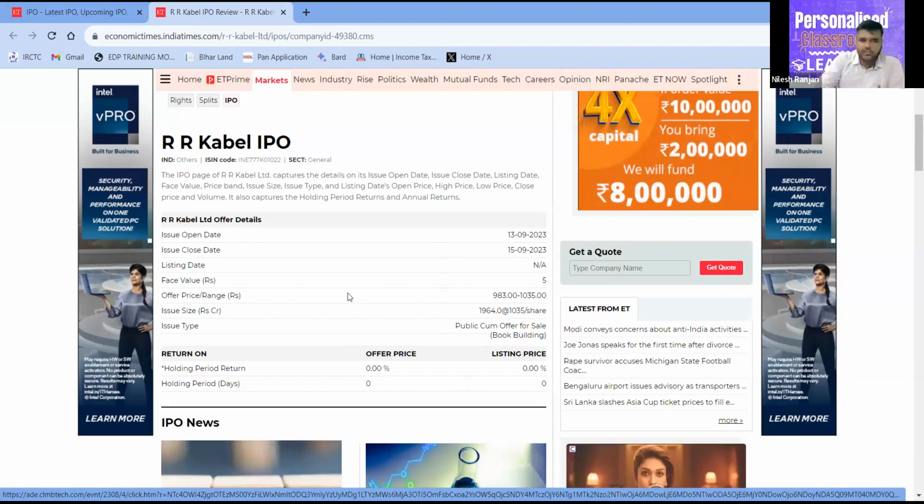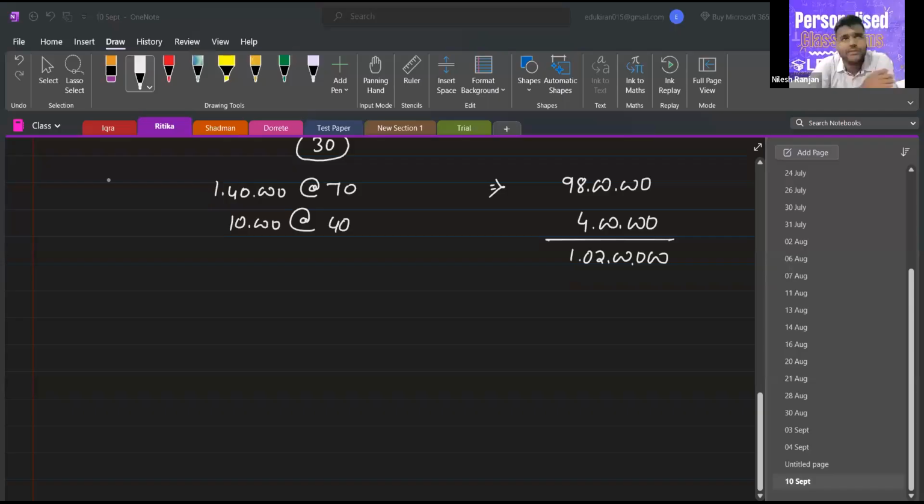For that you have to go in detail, but we are not going into that detail. Edukiran Pvt Ltd is an electric product company, it manufactures wires, cables. That company has made an initial public offer.